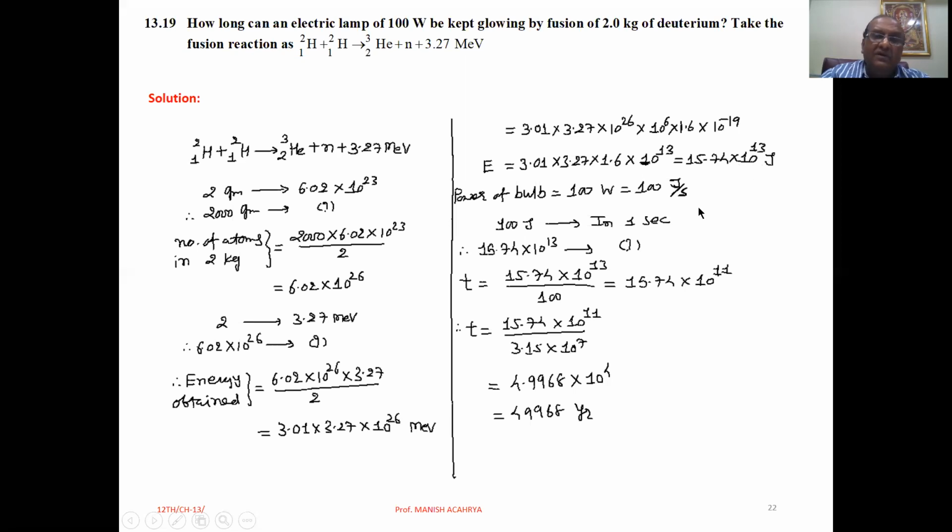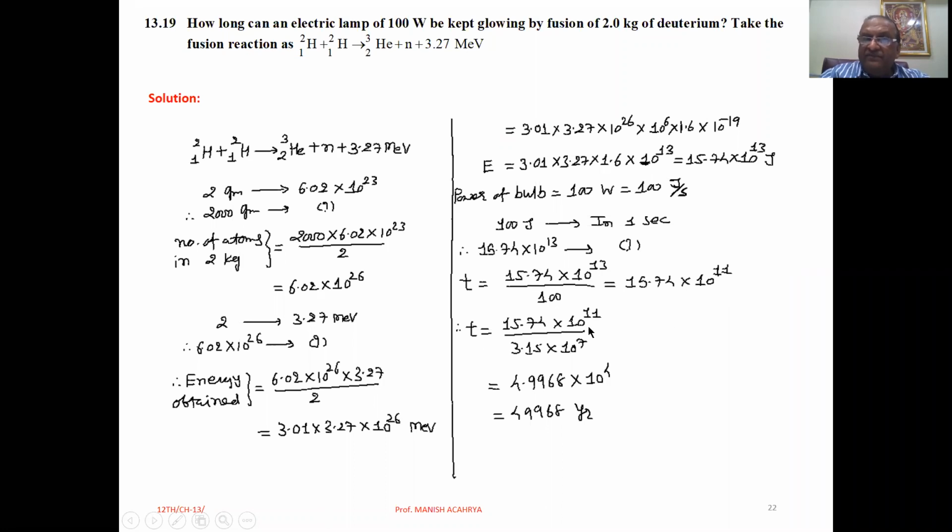Now the power of the bulb is 100 watt, meaning 100 joule per second. It implies that when the bulb is switched on, 100 joule energy is consumed per second. Therefore, this obtained energy 15.74 × 10^13 joule will be consumed in how much time? Time is 15.74 × 10^13 by 100, that is 15.74 × 10^11.